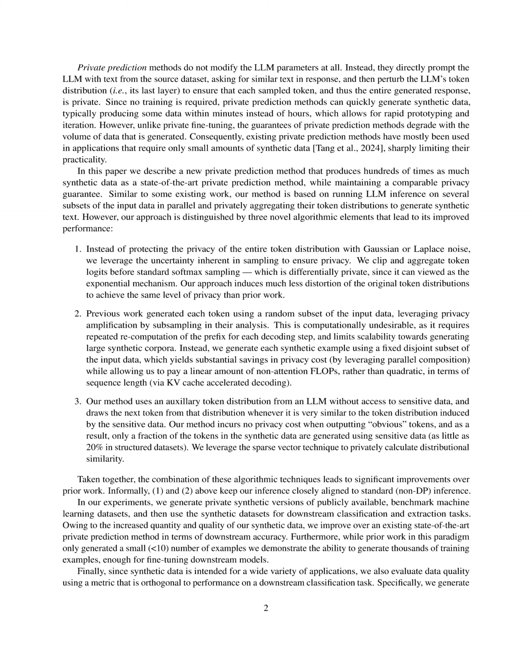By generating synthetic examples using fixed disjoint subsets of sensitive prompts and incorporating public prompts when possible, the algorithm significantly increases the quantity and quality of synthetic data while maintaining privacy.